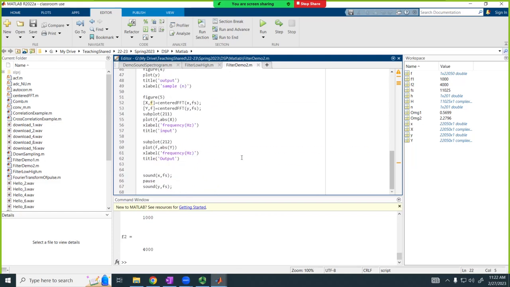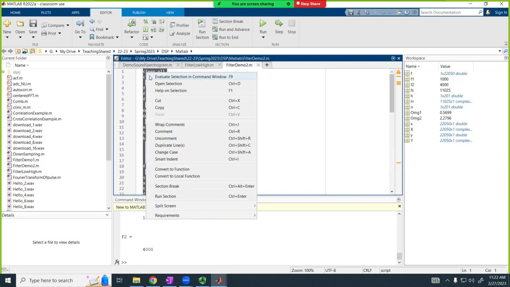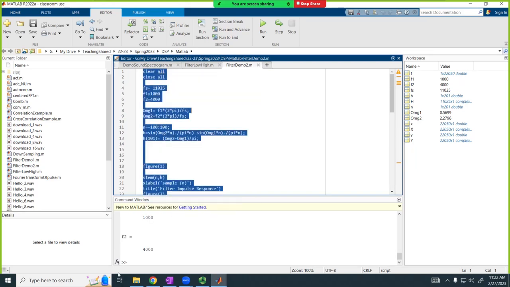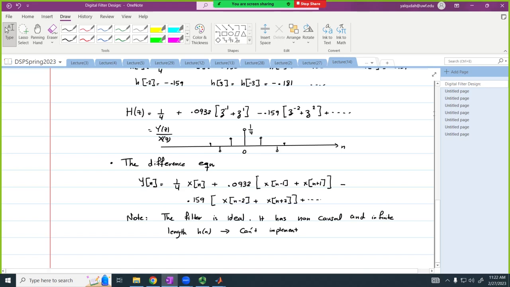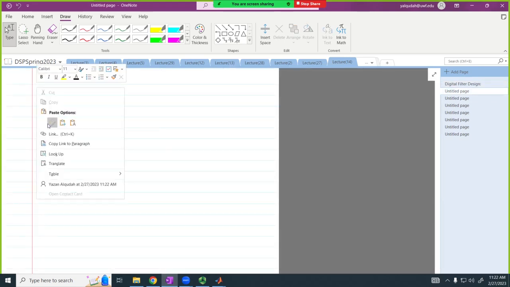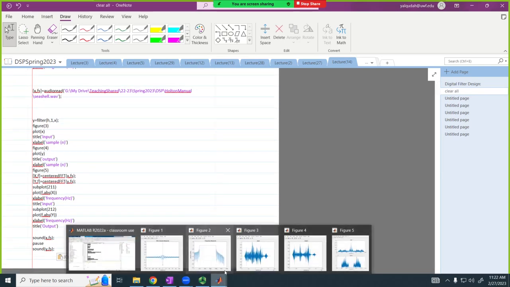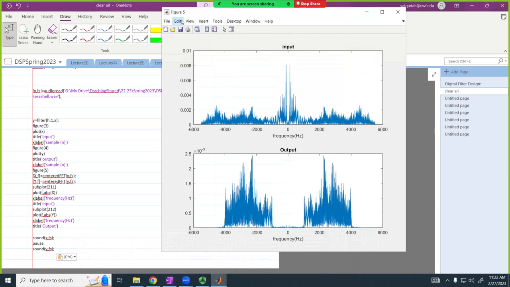Is that clear? So this is a demo. I'm going to copy the code and paste it, so when you study, you can run it if you like. And just copy this figure.